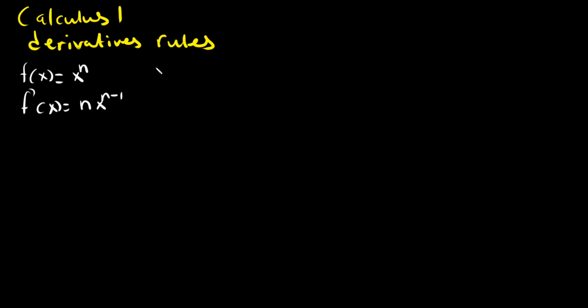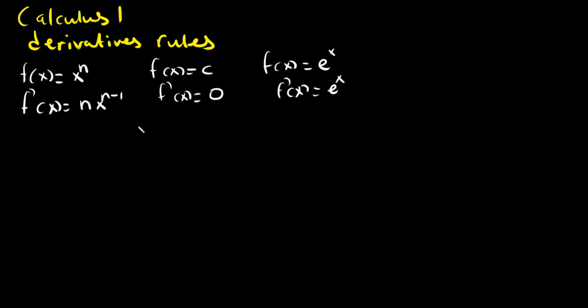If f of x equals c, the derivative is 0. And our special case: if f of x equals e to the power of x, the derivative equals e to the power of x. So far, this is what we have learned.